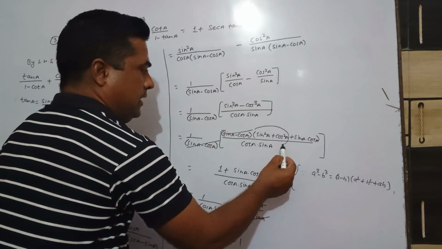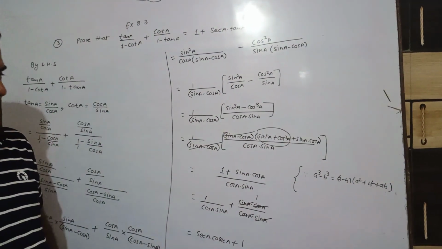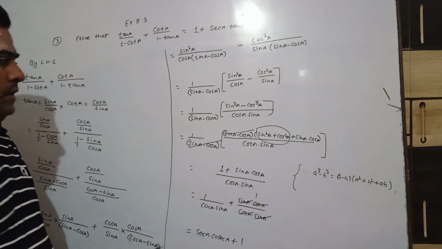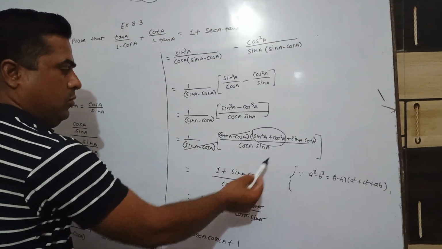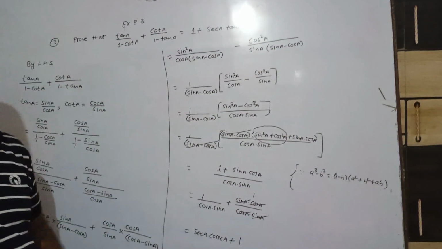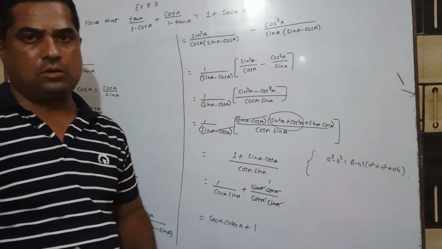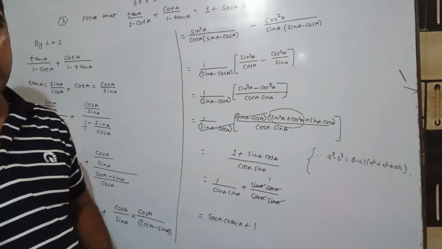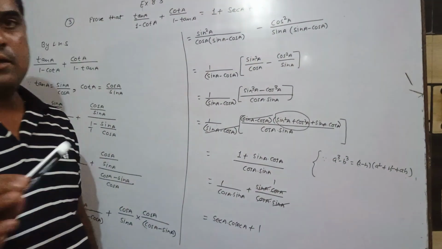The value of this part, sin square A plus cos square A, this is 1. This is the identity you know very well. Sin square A plus cos square A, this is 1 plus sin A into cos A. In the denominator, we will write here cos A into sin A. Students, in numerator we have two terms, but in denominator we have only one term. So we will divide by this term in both the terms.